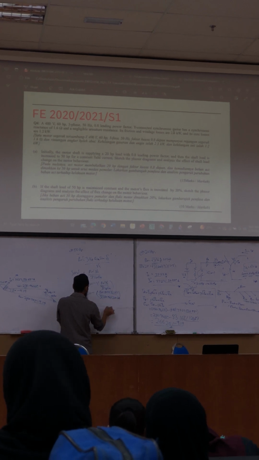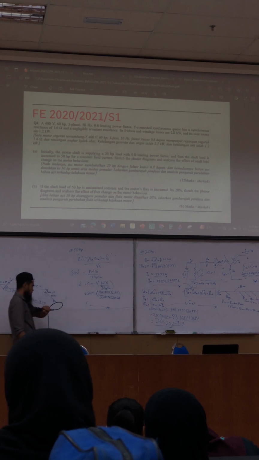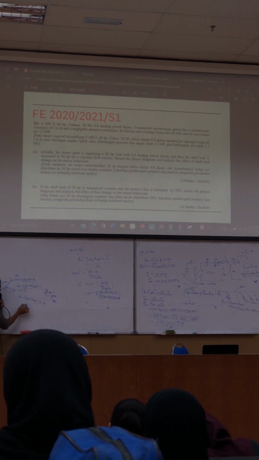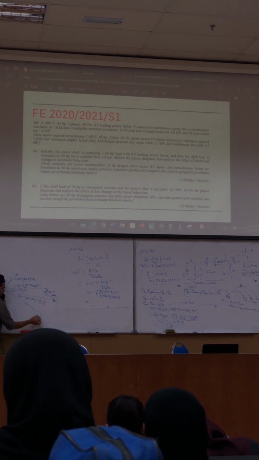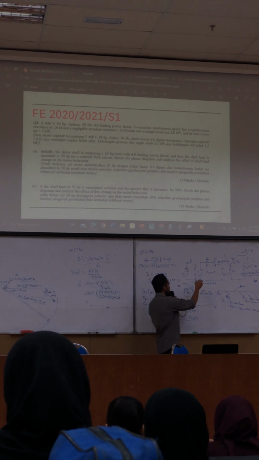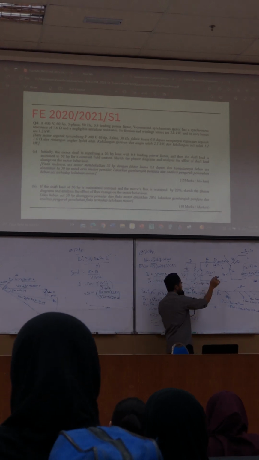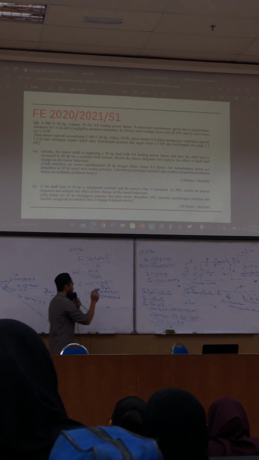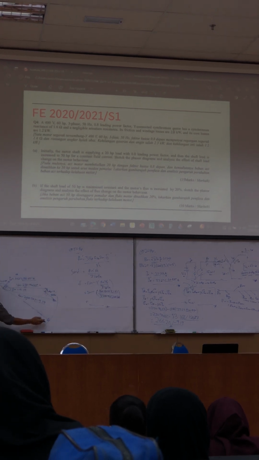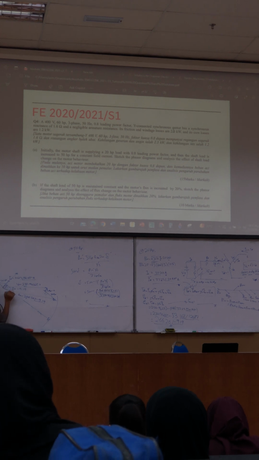So what do you get for the new angle? Theoretically, when we don't change any field intensity here, EA will maintain. Fixed, EA will maintain its magnitude. It means the length of your EA will be maintained, but it will swing further down.